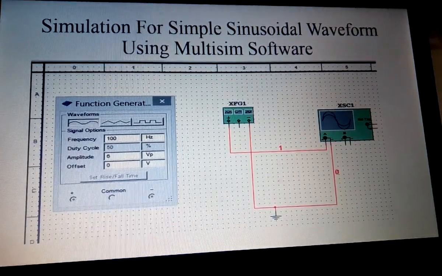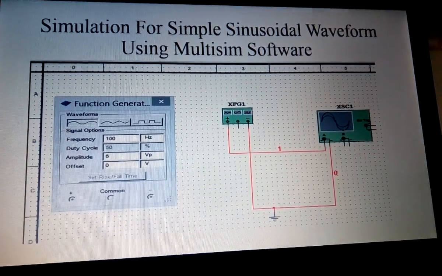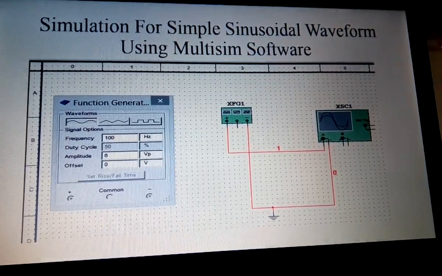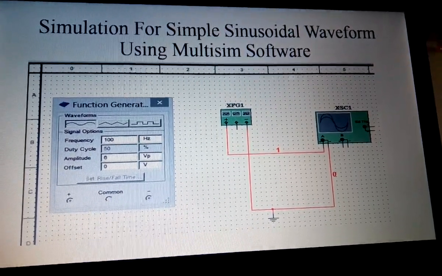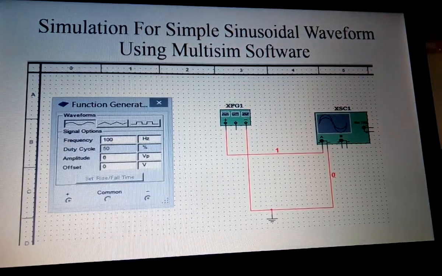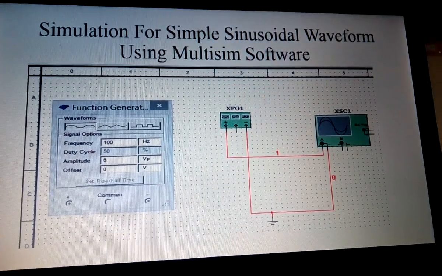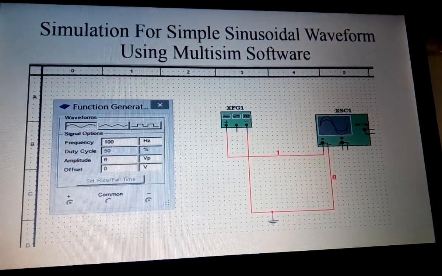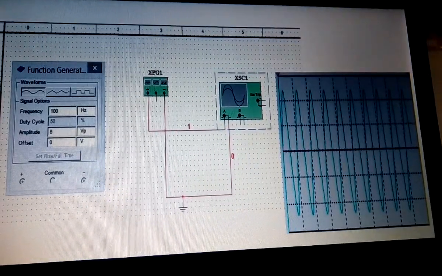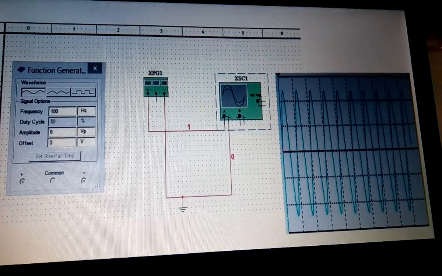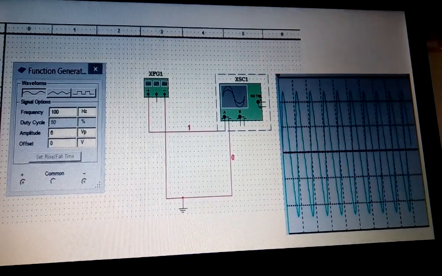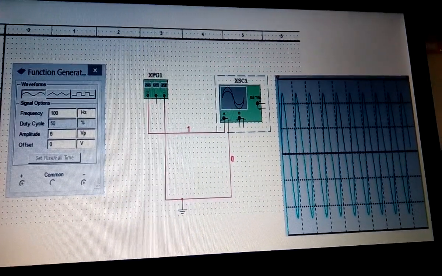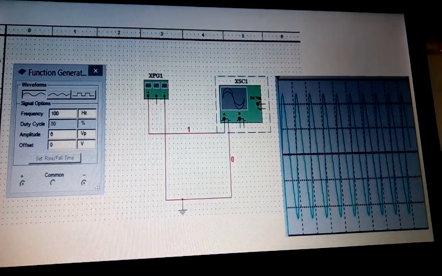The box that you are seeing on the left side is the property box of the function generator, which is showing the set values of the generator. Here, I have connected two terminals with the oscilloscope and grounded them. Now, after connecting them and running the two blocks, such a waveform occurs. You can see that this is a simple sinusoidal waveform.